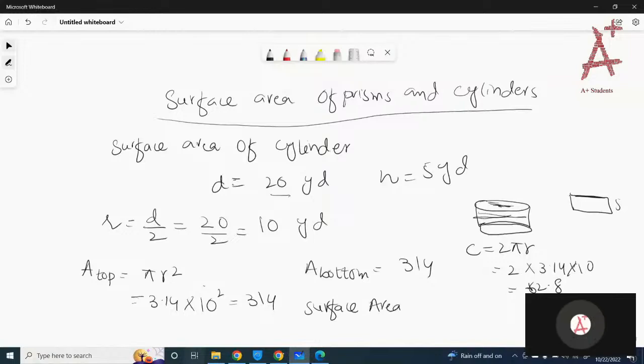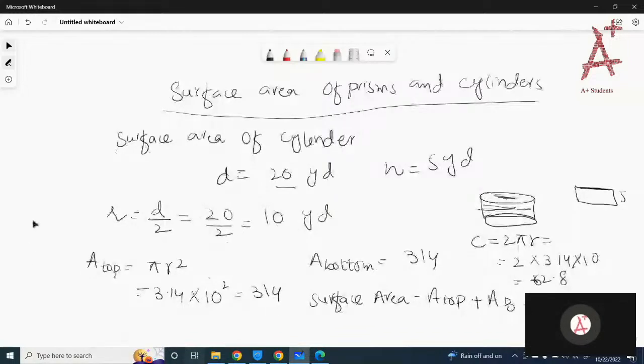For the surface area, you have to add all the areas: area of top, area of bottom, and the area of the side.